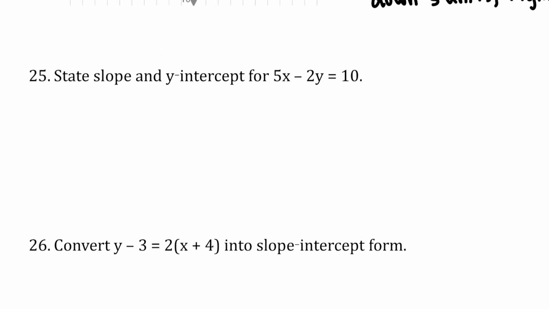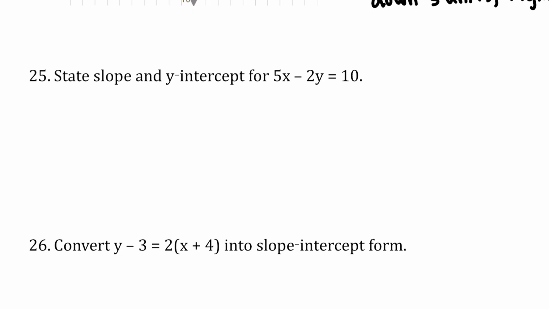For 25, we're going to just state the slope and the y-intercept for 5x minus 2y equals 10. So just by looking at it, I'm not sure what that is. We have to solve for it, because this is in standard form.